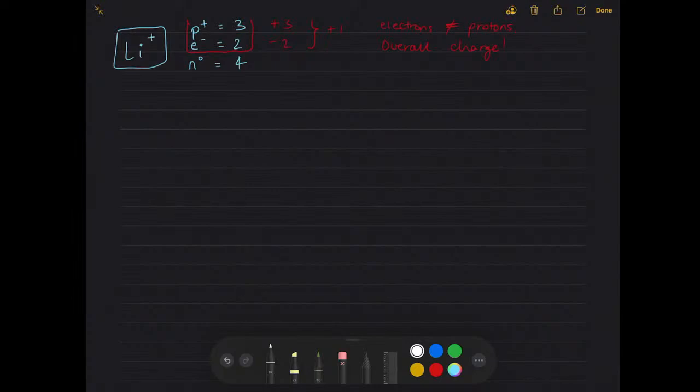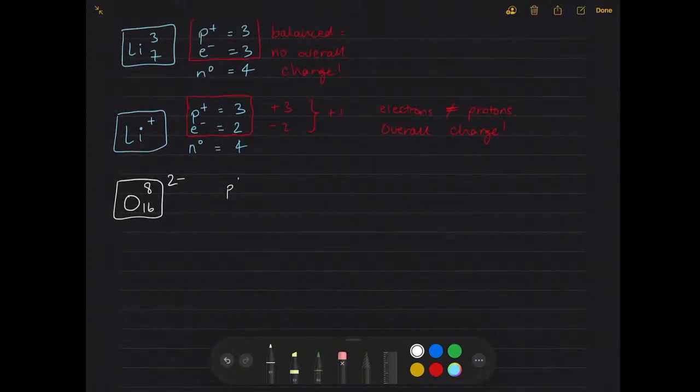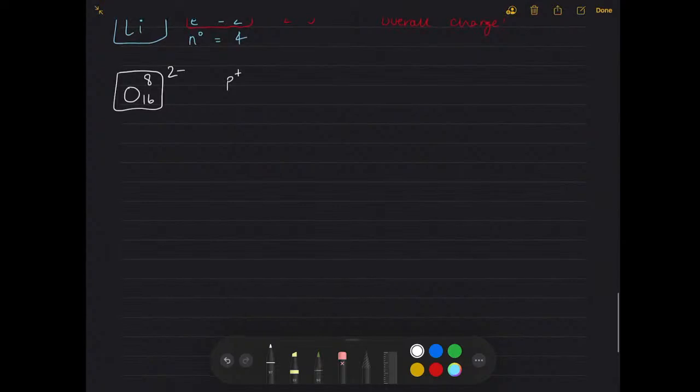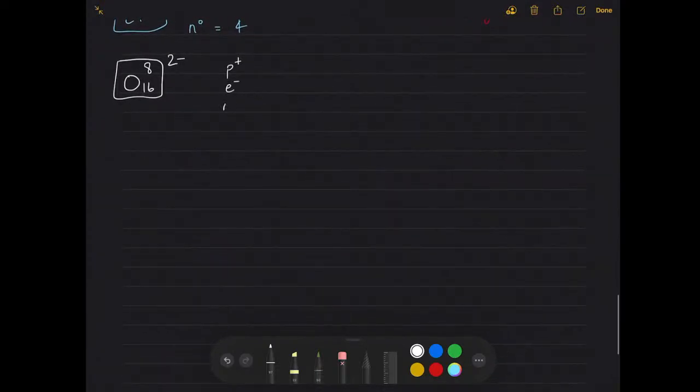So now your turn. Could you work out O2-? And actually on this first one I will help you out because it probably does make sense. I'll just go back and draw O 8 16, and I want you to think of it as a 2 negative charge. Start off by working out the protons, which should be quite straightforward, a smaller number. 8.